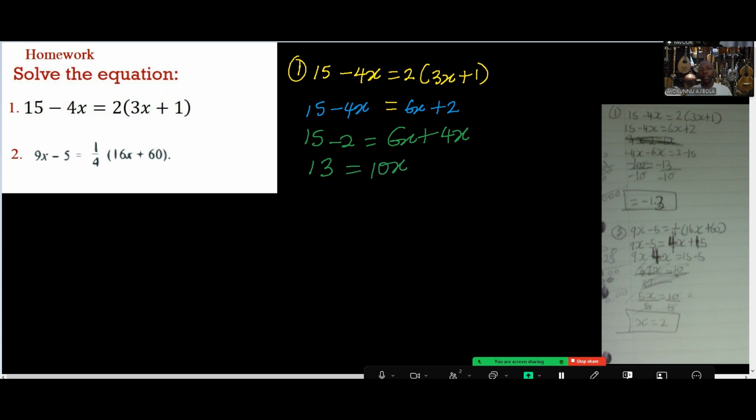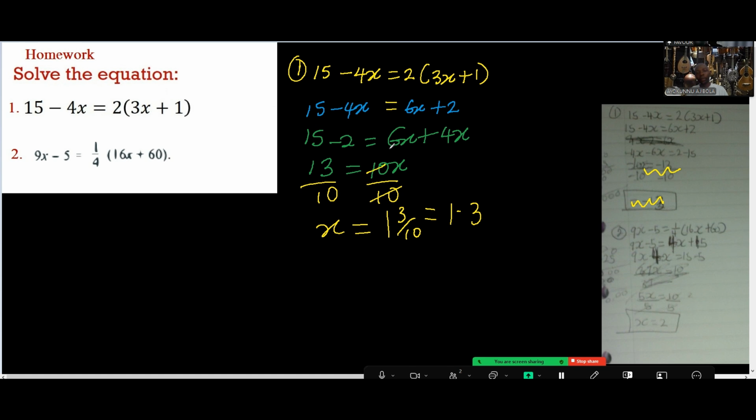So we divide both sides by 10. Then we have x equal to one whole number, 3 over 10, or 1.3, not negative, because it turns to positive at the end, okay?